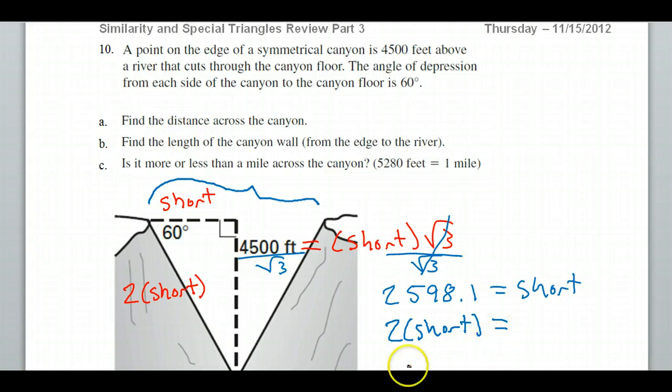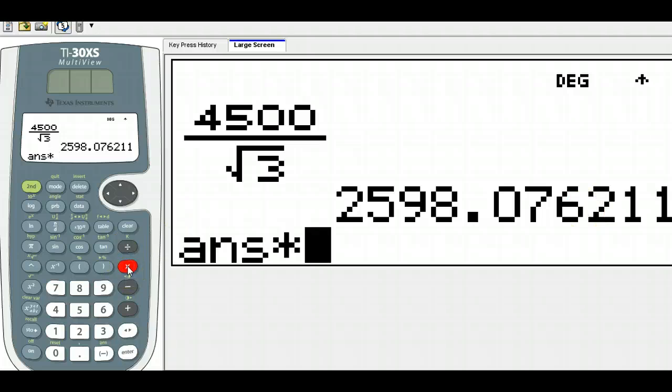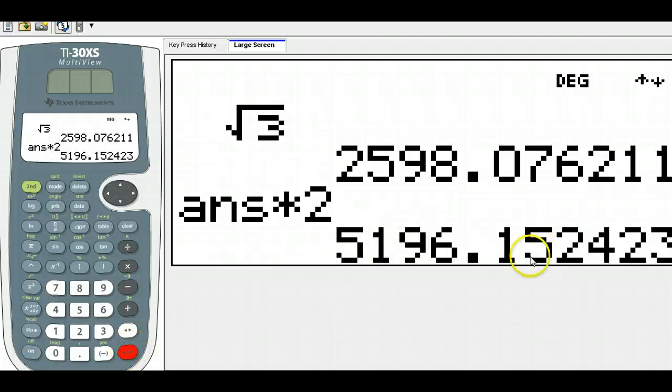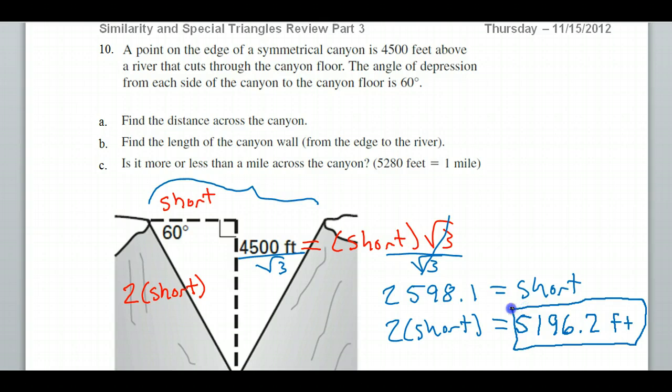This is why I'm glad that I saved this number with all of its decimals, because if I want to double it without losing the decimal places, I can just hit times 2 right now. So this is the answer that I want, 5,196.2 feet. Never round until the very last step, like I just did.